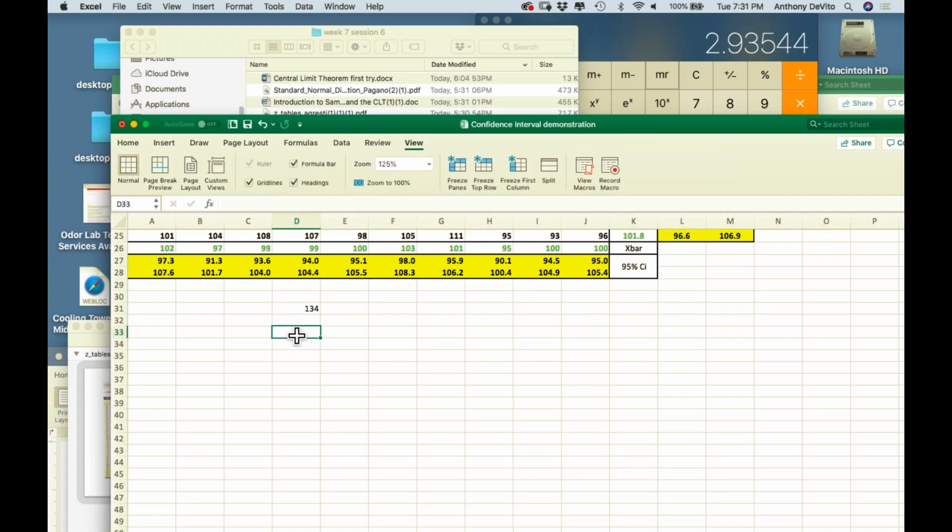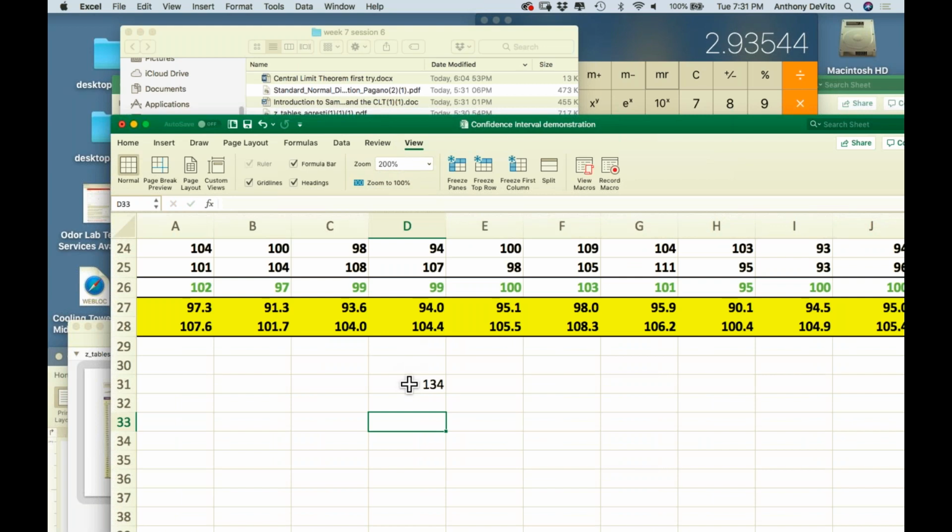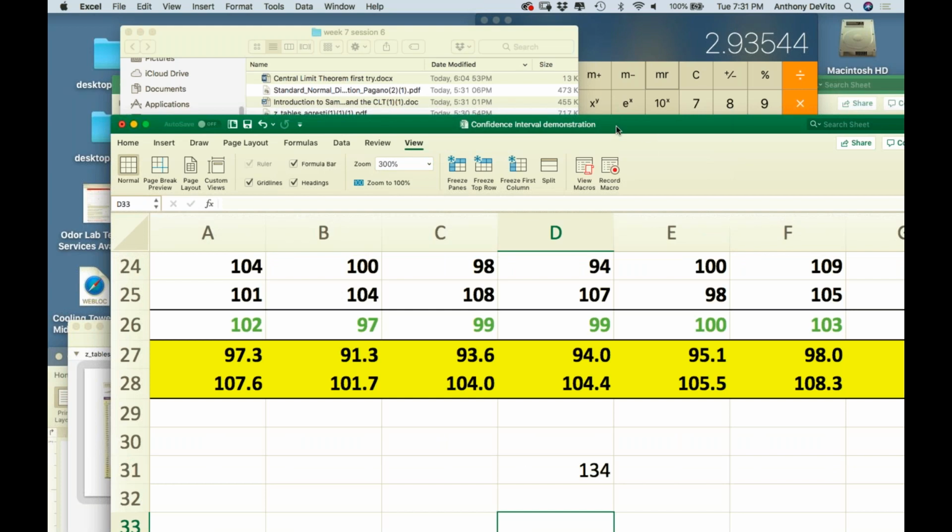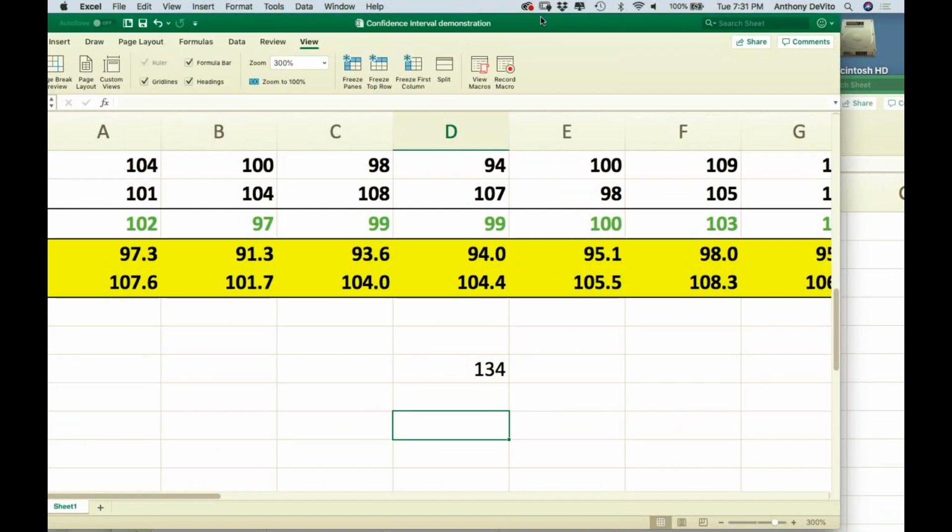And let's say I sample 100 people from Miami and test their cholesterol, and the average cholesterol for that sample is 143. Okay, that's Miami, and this is New York.